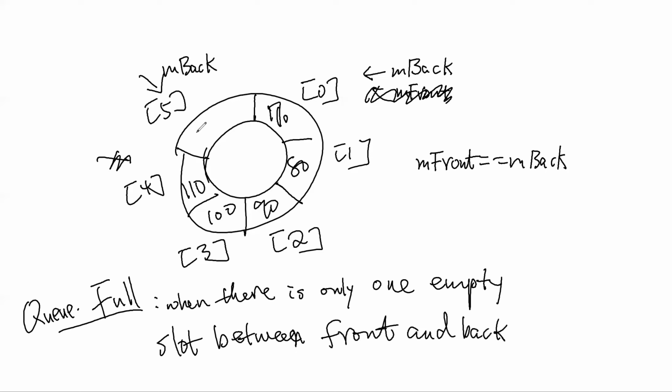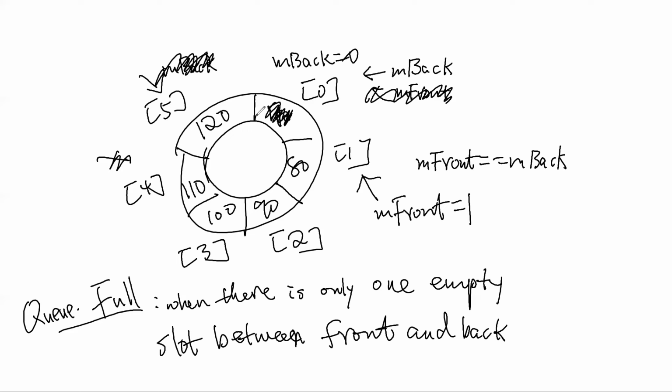We can clearly see it's full. But let's see. Suppose I remove 70, then front is 1. Then I add 120, then back is 0. But this queue is still full. You cannot add any more. So how do we express this?